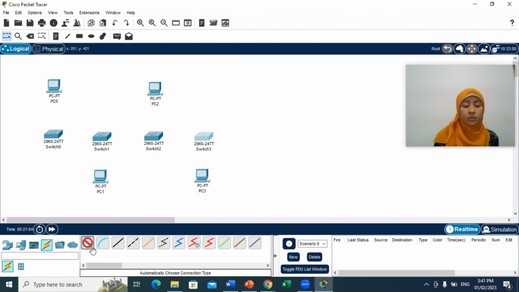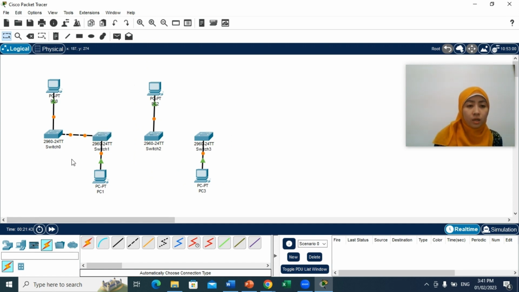You can use the automatic connection type or this copper straight-through, but for a faster presentation, I will use the automatic. So just this one. I will connect the PC to the switch, and then I will connect all the switches to each other.